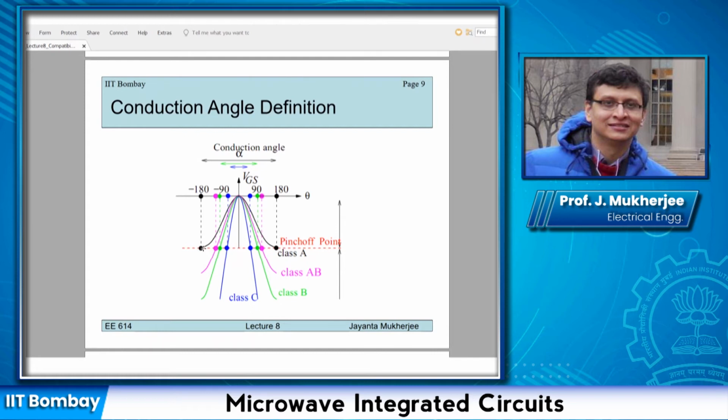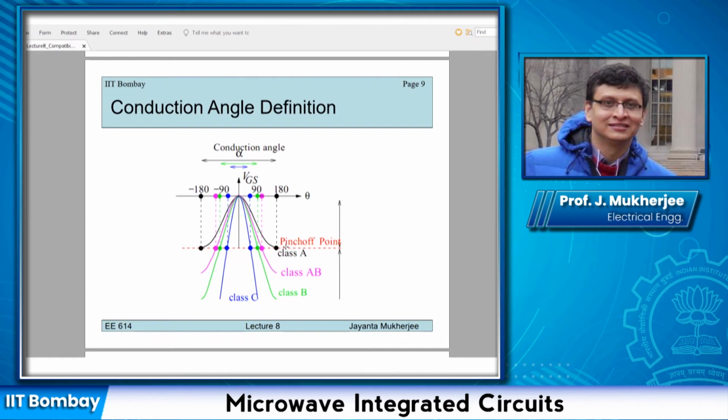Here you see that the sinusoidal signal applied across the gate to source terminal lies above the pinch off point for all angles, for all arguments of the voltage.